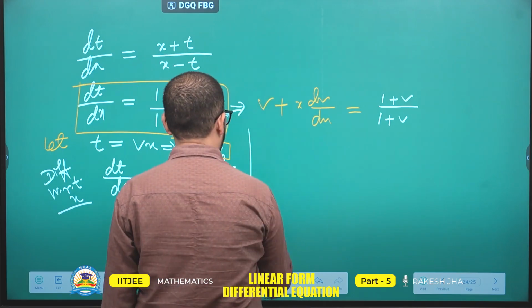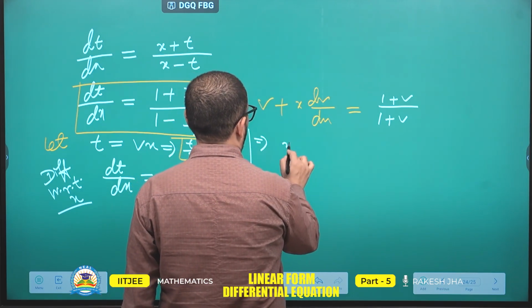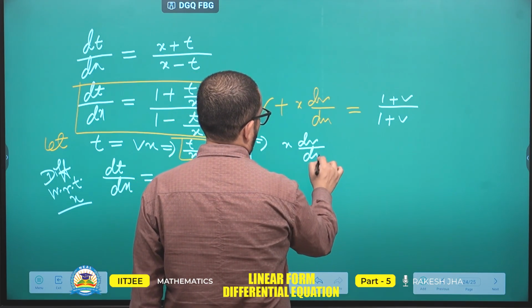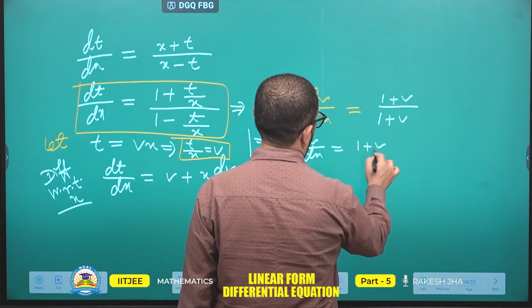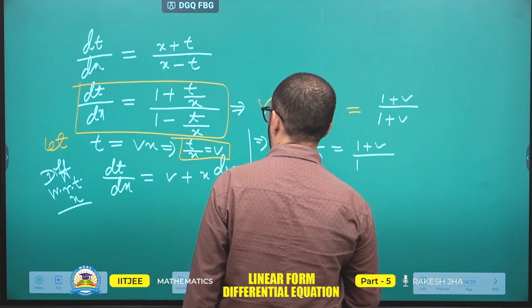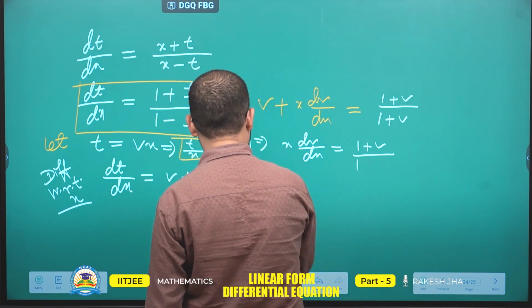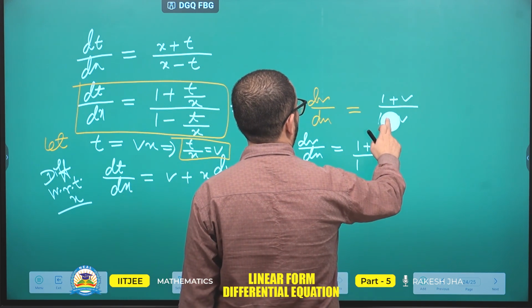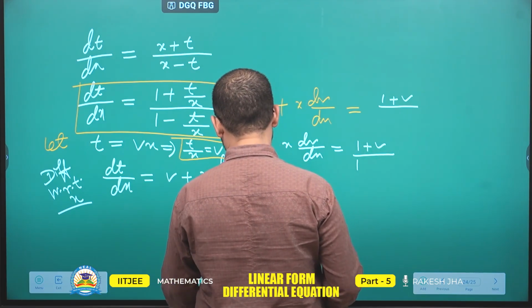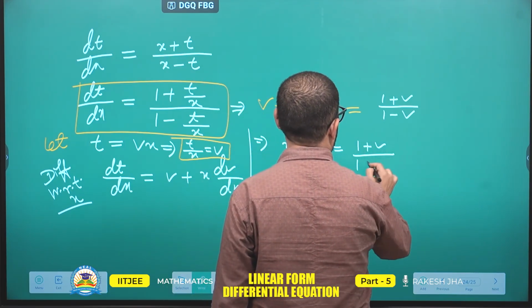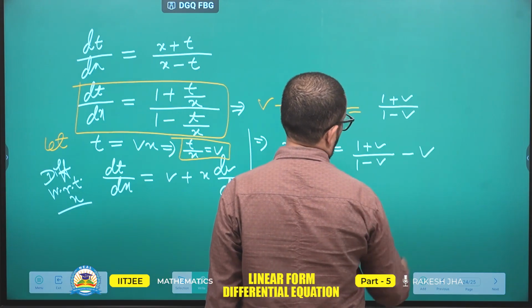The next step will be x dv by dx is equal to 1 plus v upon 1 minus v minus v.